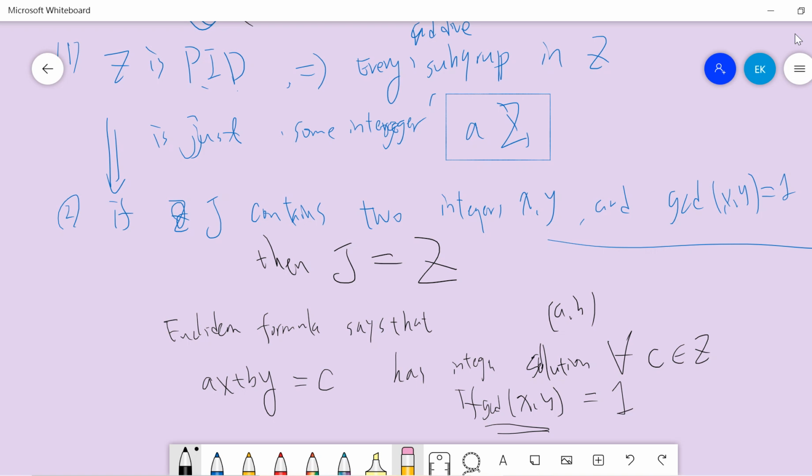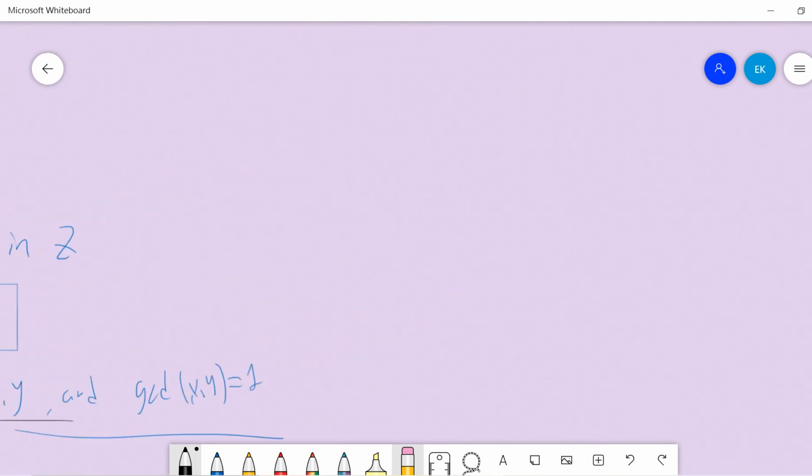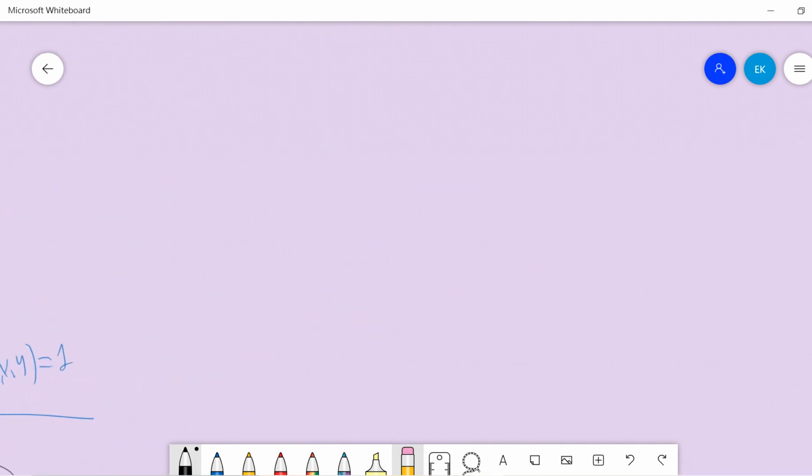So if you give me any two integers that are co-prime to each other, then given any integer C, I can find a and b to satisfy this equation. Due to this fact, you can use Z as a principal ideal domain, and you can prove this. Okay. So once you know these two key facts, then you know how to do this.